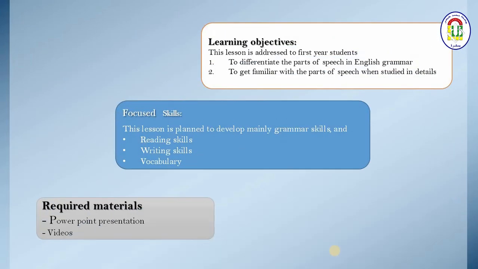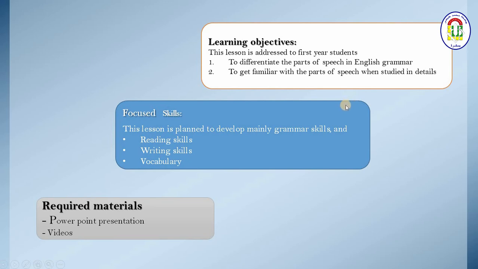Of course, any lesson has certain learning objectives, skills, and required materials. For our lessons, we have the following objectives. These lessons are mainly addressed to first year students, and the main objective is to make them differentiate between the parts of speech in English grammar, so they can know what is a noun, what is a verb, what is an adjective, what is an adverb, and so on.